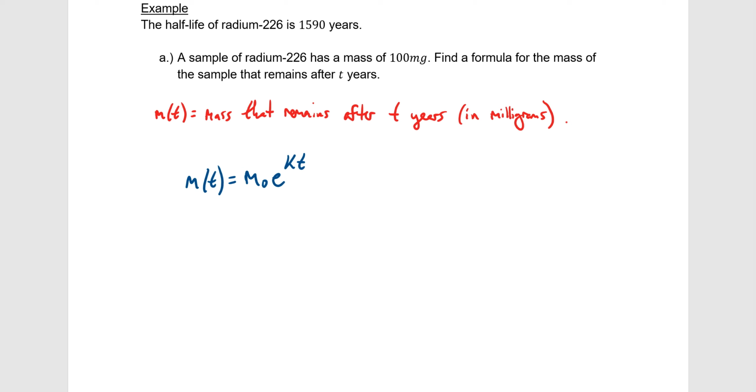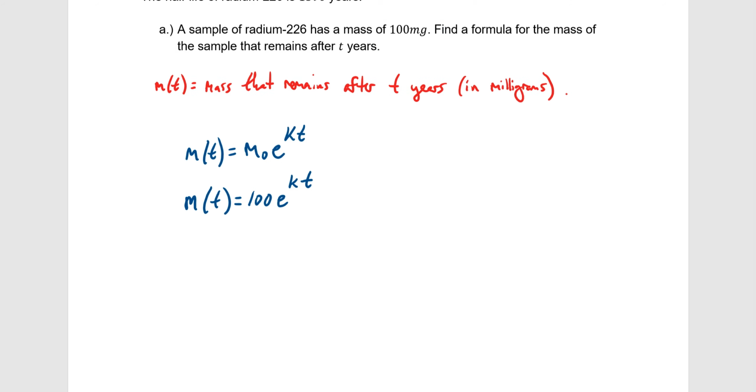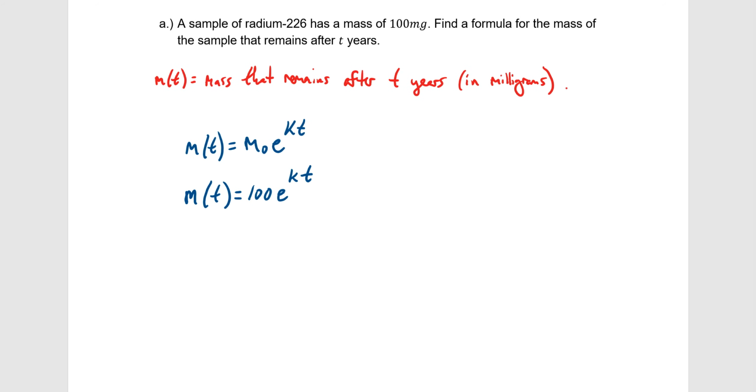So we know that a sample has an initial mass of 100 milligrams. So we're going to have that m of t equals 100 e to the kt. And now we have to say, okay, how do we find k? Well, we're going to find k using the definition of a half-life.